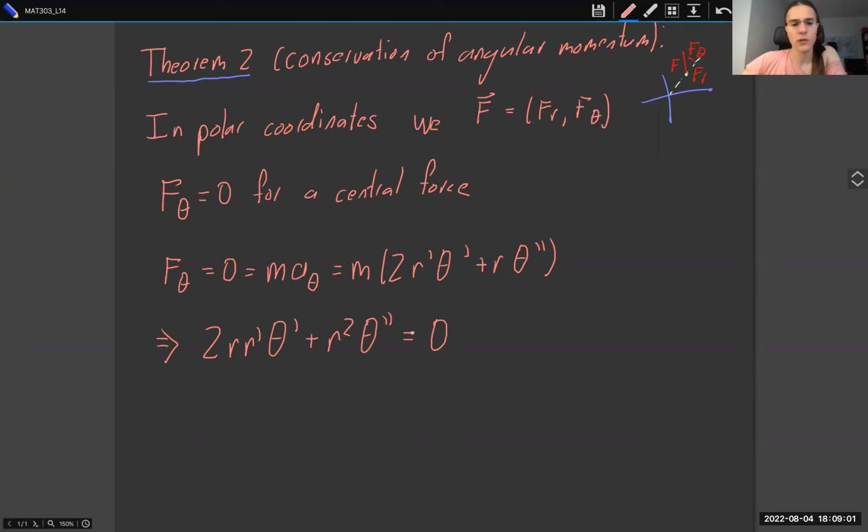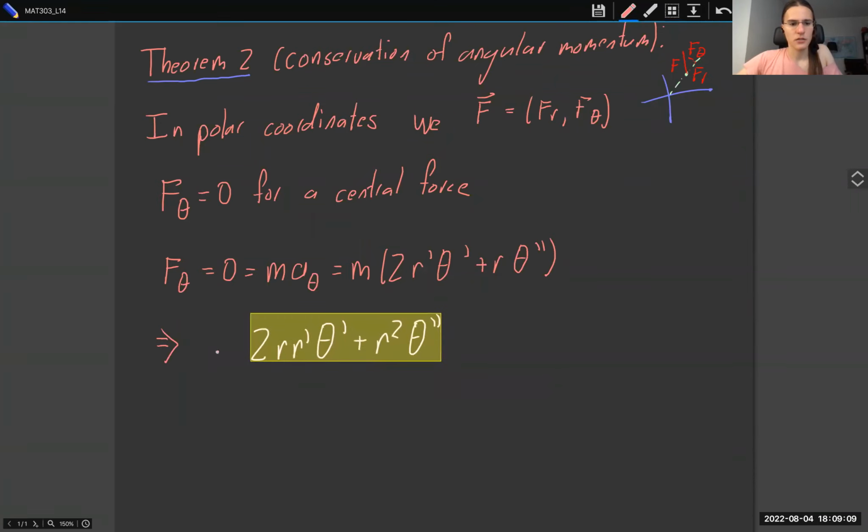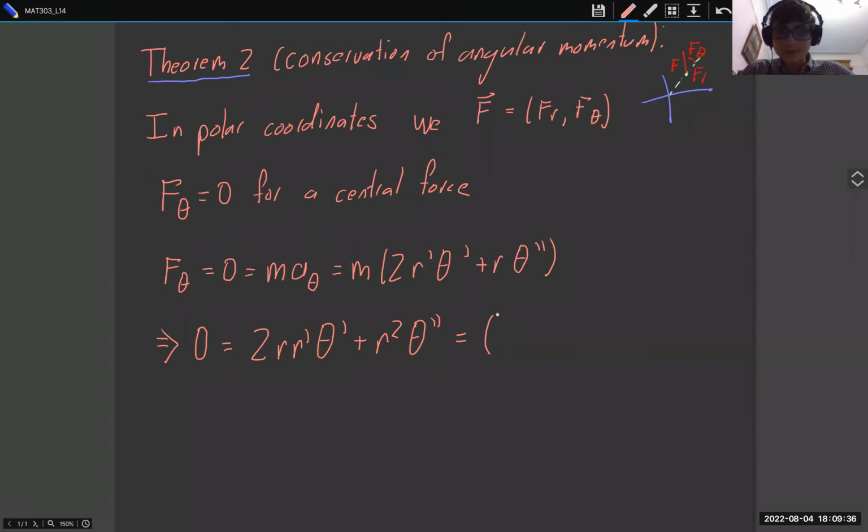And by chain rule, or rather perhaps I shall write 0 is equal to this. This can be written as the derivative of some expression. What is that expression? r squared theta'.